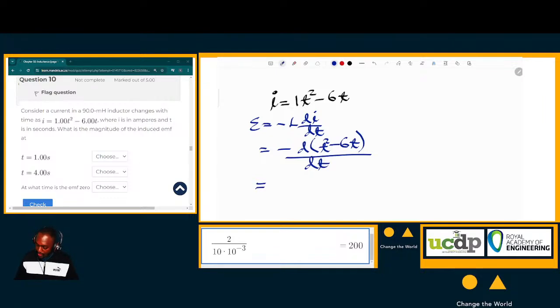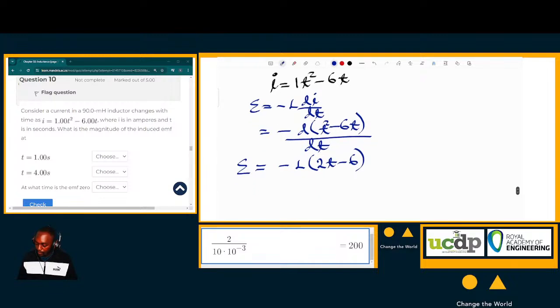And if you do that simple differentiation, you'll get 2t minus 6. So this will be your expression for the induced EMF for the times shown there.